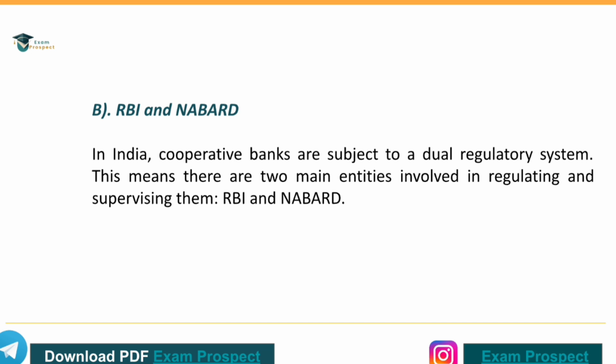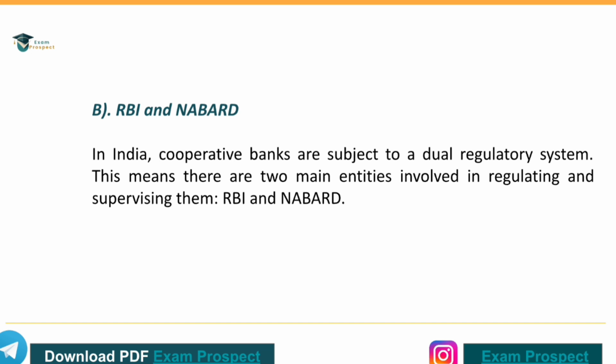One is the Reserve Bank of India. After instances of financial irregularities in cooperative banks, including the PMC Bank scam in 2019, all urban cooperative banks and multi-state cooperative banks came under the direct control of the RBI in 2020.